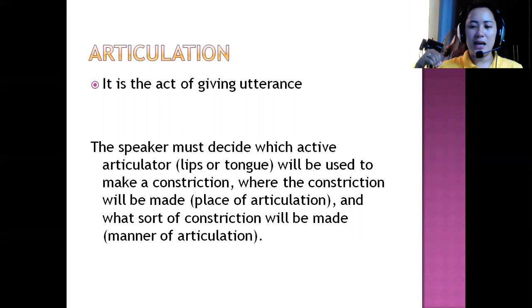It means that you have what part or when to exert a force to produce a sound. So where the construction will be made, we call that place of articulation, and what sort of construction will be made, we call that manner of articulation. So this is a very simple topic.